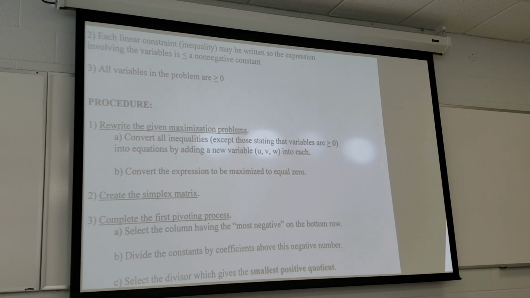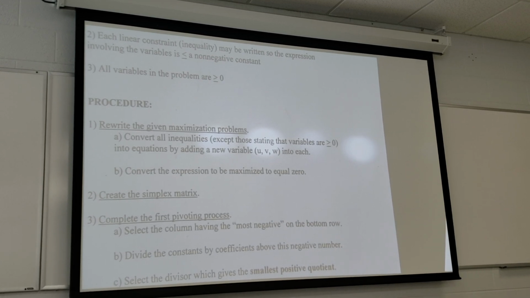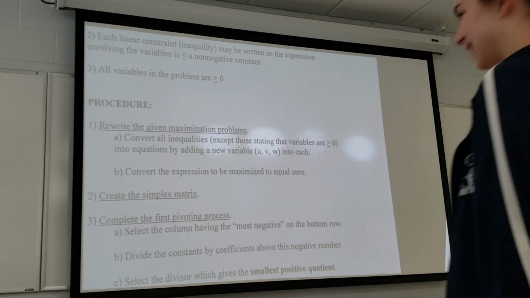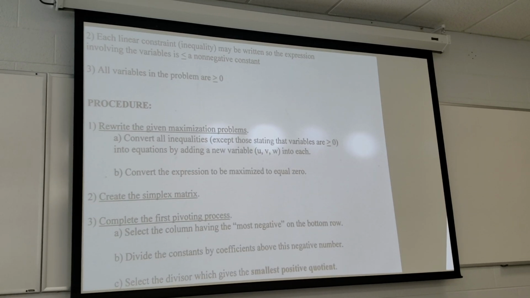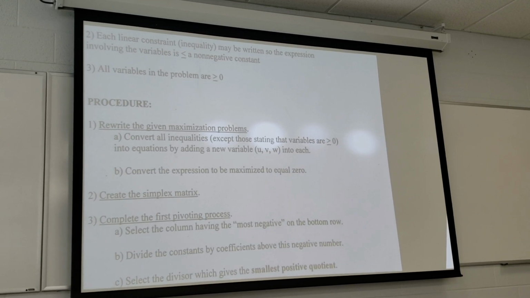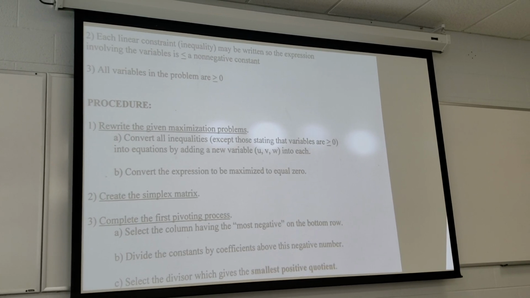Okay, so, these are the requirements for a standard maximization problem. The function is going to be maximized. Each linear constraint inequality has to be less than or equal to.